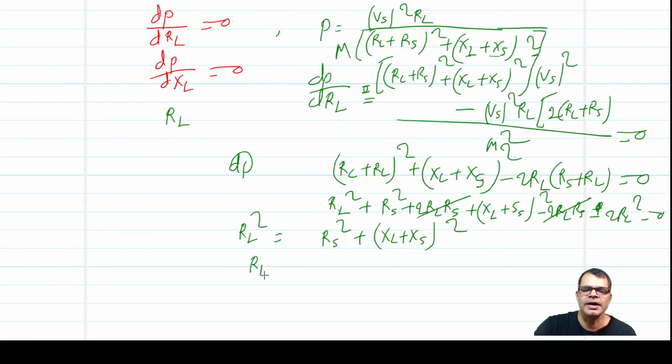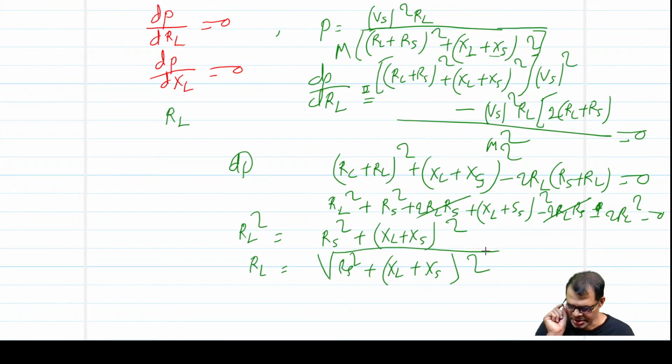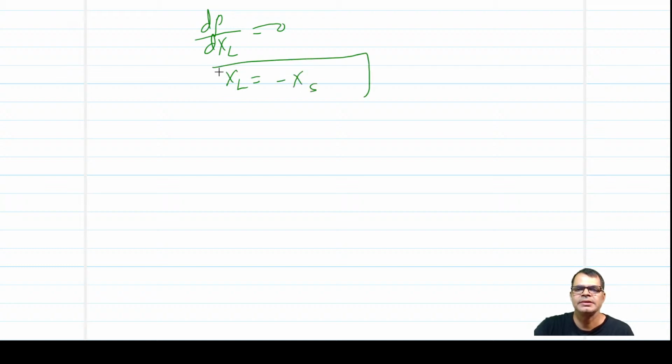So the condition for RL is the square root of Rs square plus (XL plus Xs) square. This is the condition for the RL. In a similar fashion, from dP upon dXL equal to 0, you can calculate that XL is equal to minus Xs.